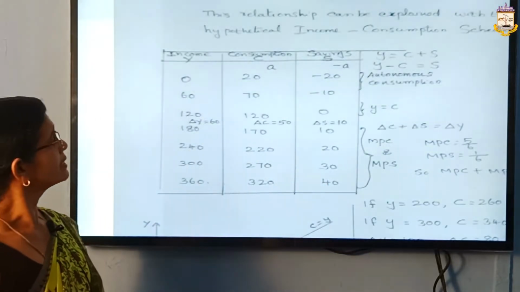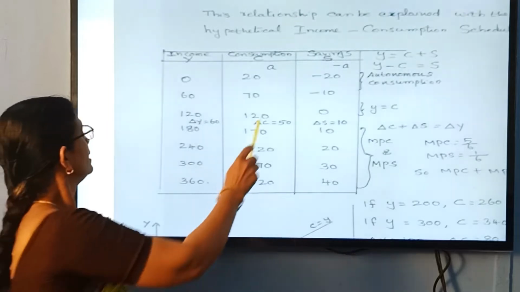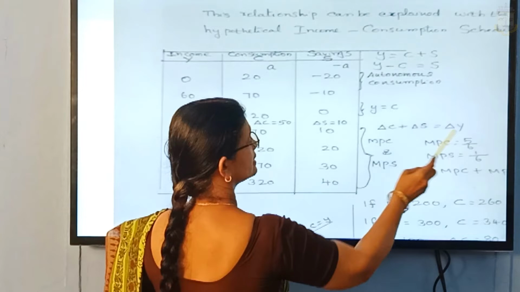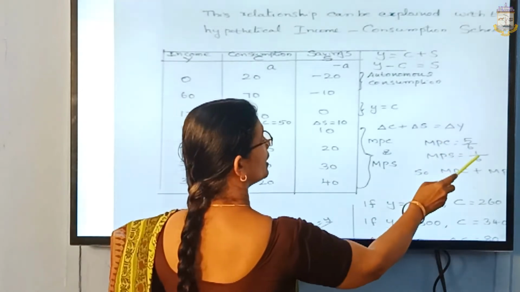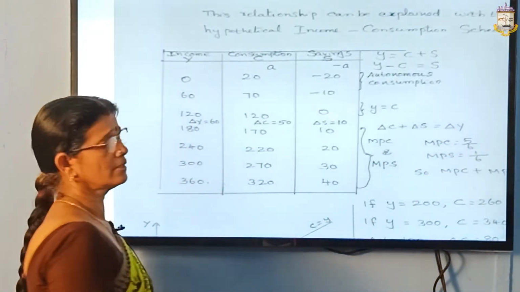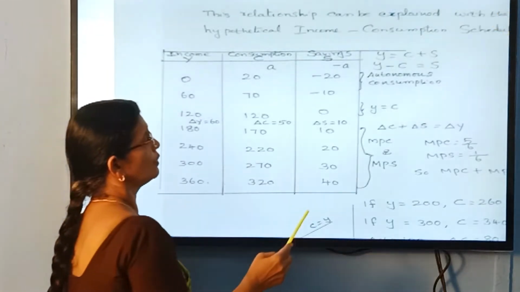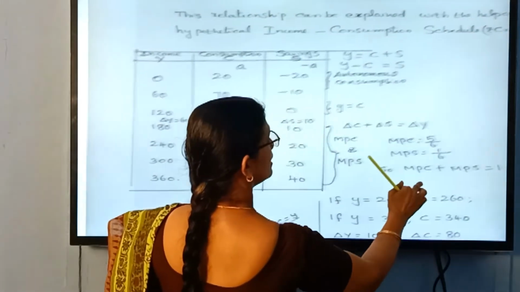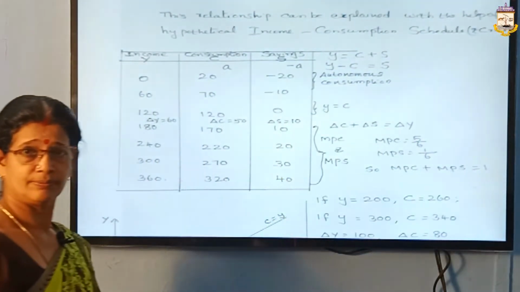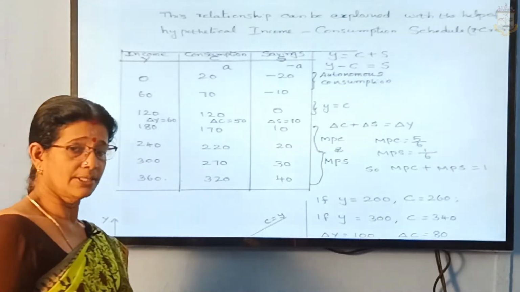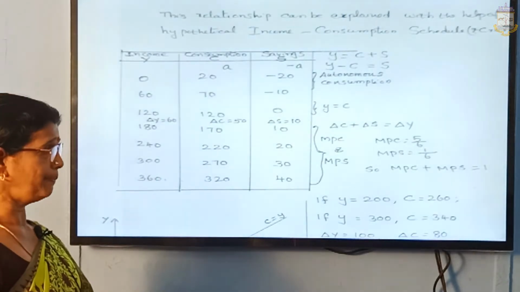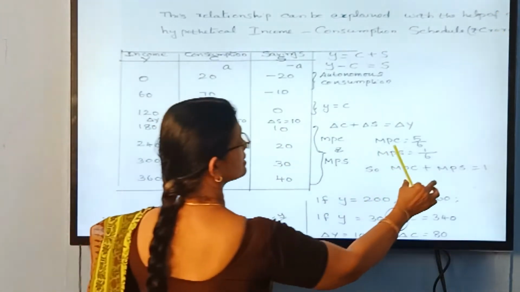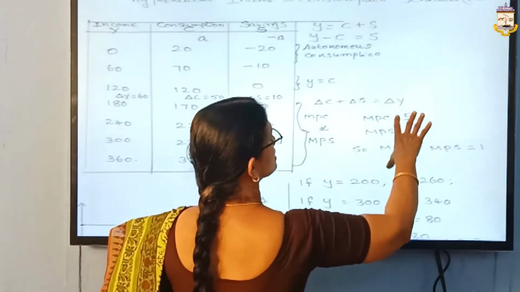So in all these cases, MPS equal to 10 by 60. So MPC equal to 5 by 6, MPS equal to 1 by 6. So MPC plus MPS equal to 1. So this is the gist of consumption function. MPC always is less than 1, or MPC plus MPS is 1.